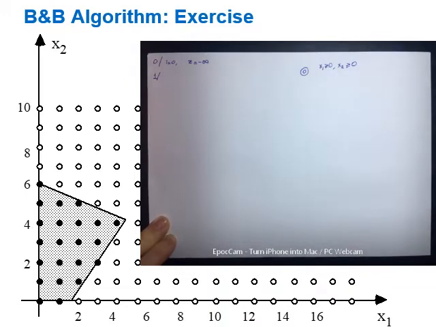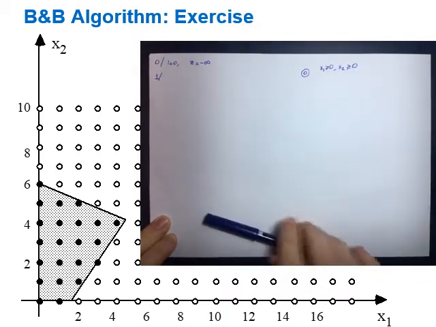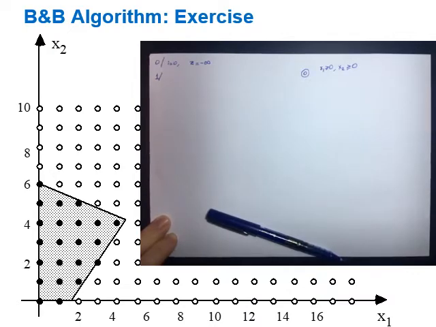We just remove the integrality constraints. Then we need to solve this problem with the two constraints plus x1 and x2 greater than or equal to 0. In fact, we can solve it by looking at the graphic. The feasible region of the LP relaxation for LP0 is the whole shaded region.